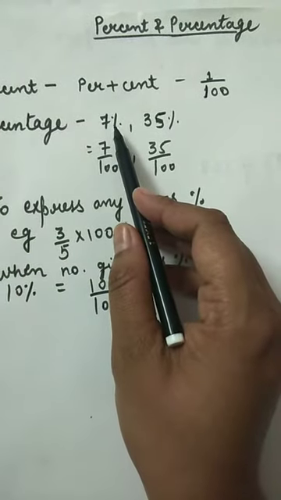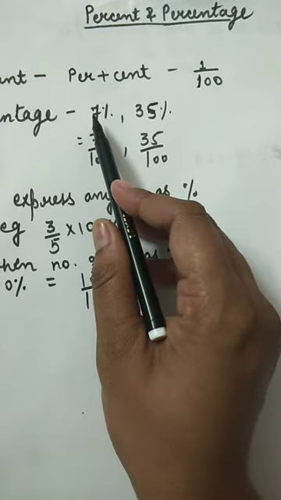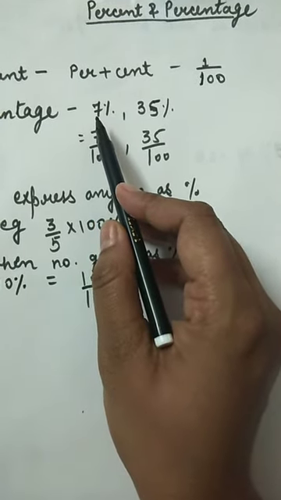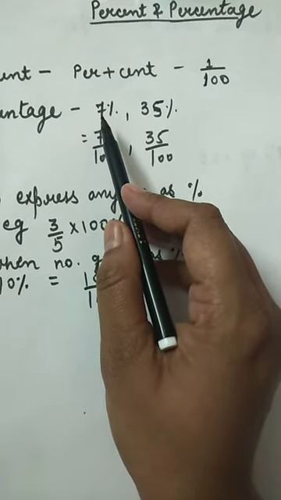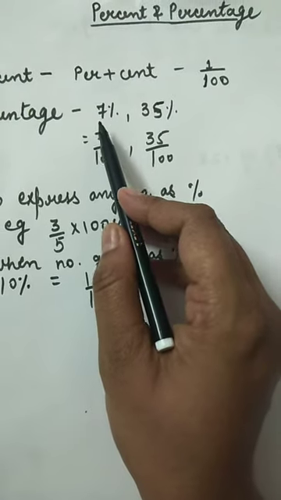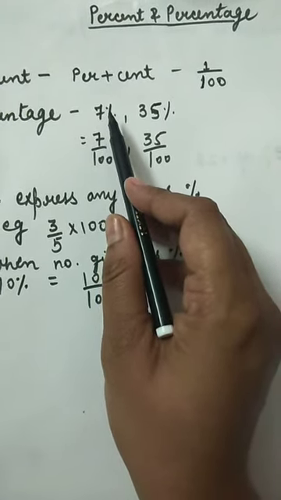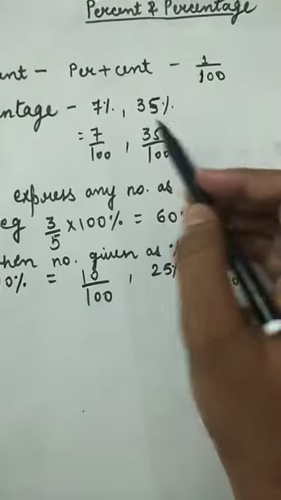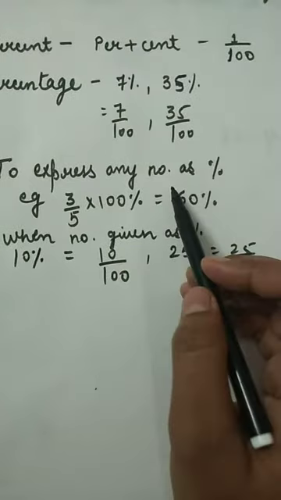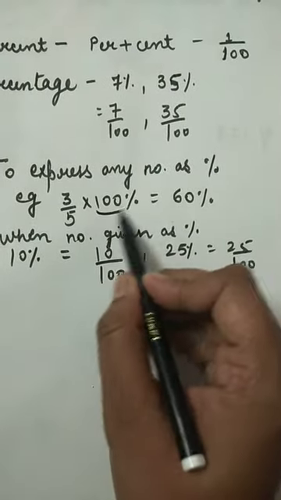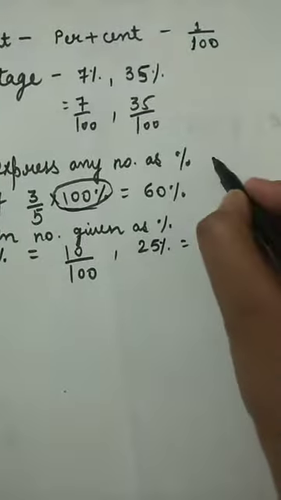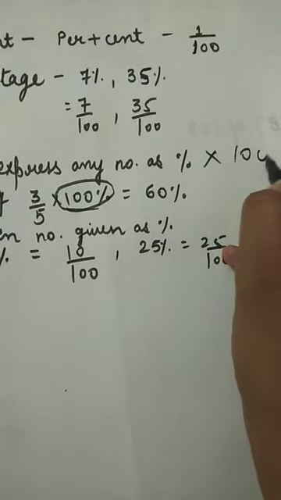The percentage sign is written like this, and any number can have a percent sign: it can be a fraction, a decimal number, or a rational number. So 7% will be 7 by 100, and 35% is 35 by 100.